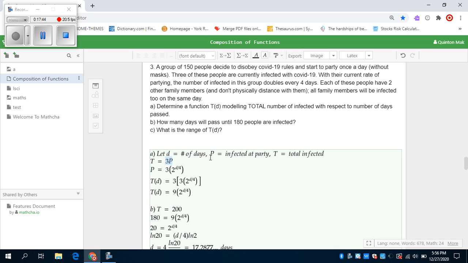And P equals 3, the initial number of people infected, times 2 to the exponent of D over 4 because it doubles every 4 days. So we create a composite function to be 9 times 2 to the exponent of D over 4.